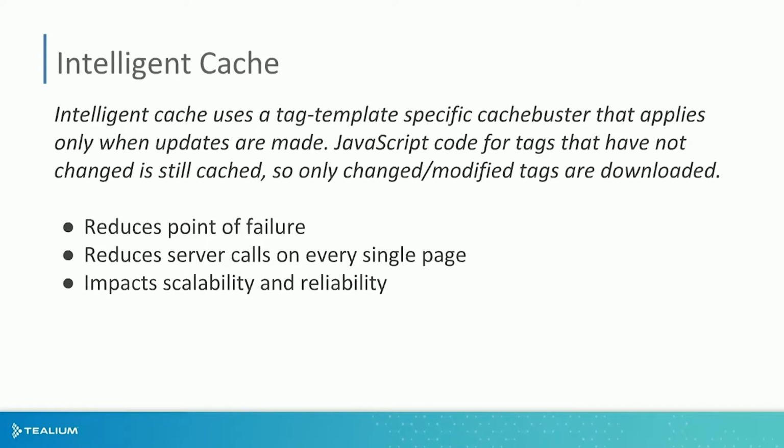Well, you've got 35 Floodlight tags out there, and if I hit publish, I don't want to reseed all of those Floodlight tags onto the edge nodes of the CDNs, because that's going to require a new download of all of those tags for all the users out there in the world.